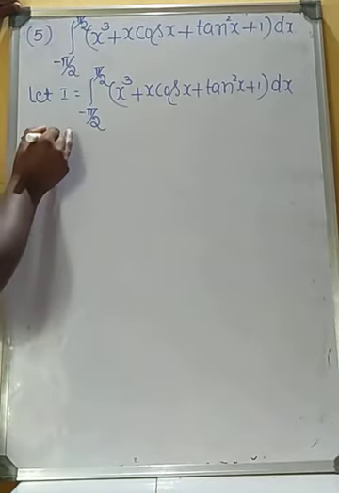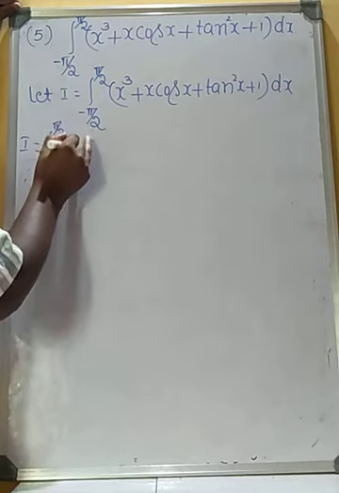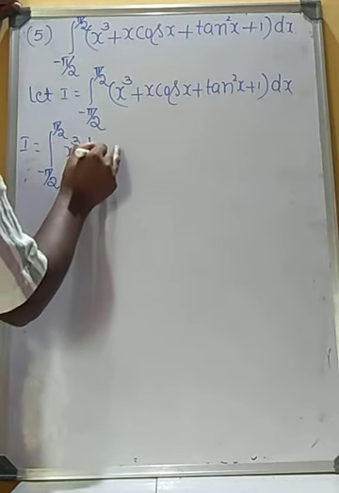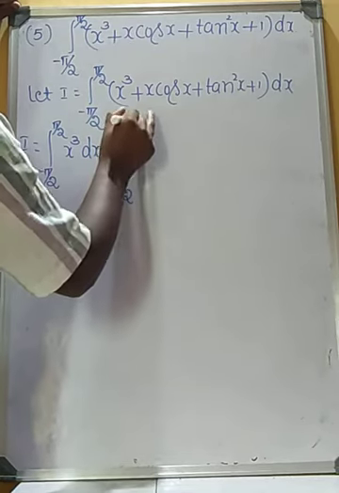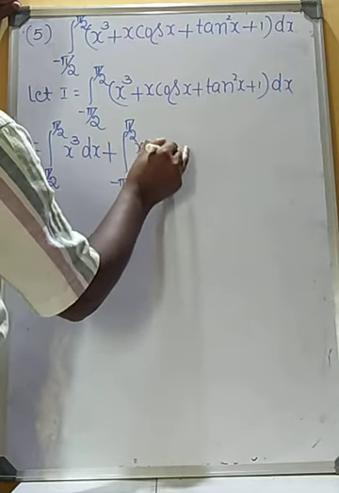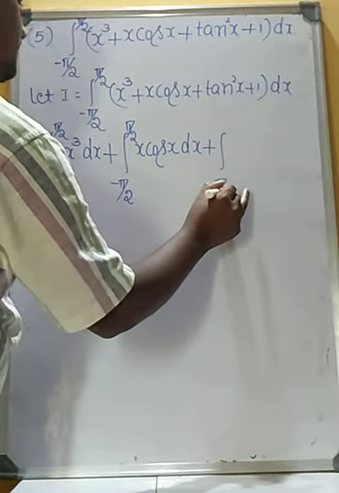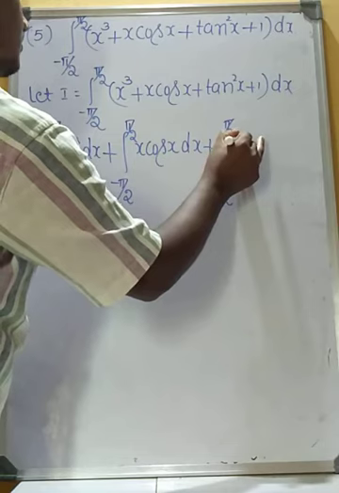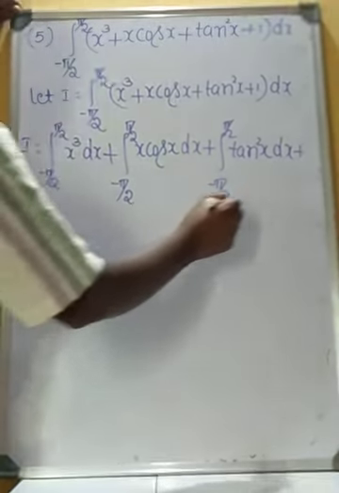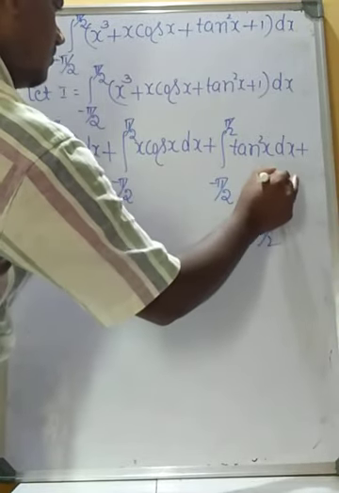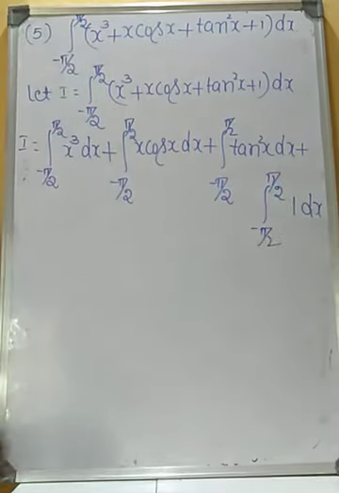Therefore I equals integral minus pi by 2 to plus pi by 2 of x cube into dx plus integral minus pi by 2 to plus pi by 2 of x cos x into dx plus integral minus pi by 2 to plus pi by 2 of tan square x into dx plus integral minus pi by 2 to plus pi by 2 of 1 into dx.